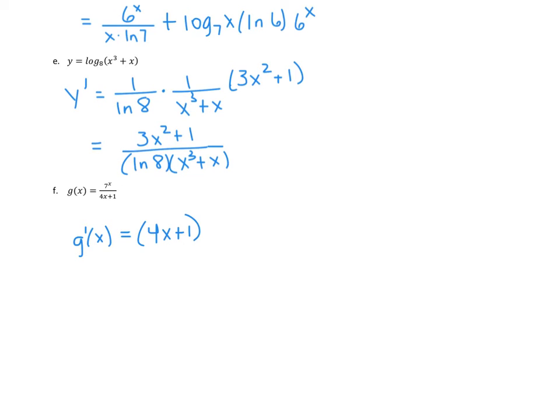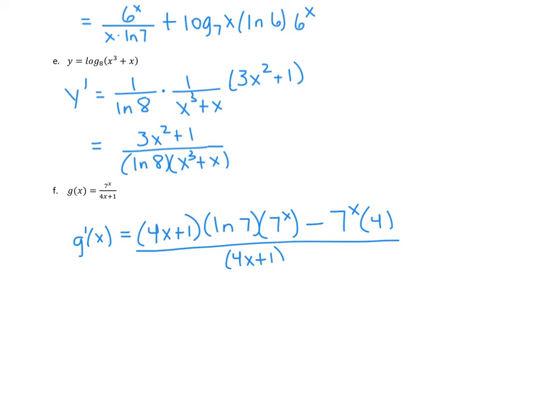So the derivative of 7 to the x is going to be natural log of 7 times 7 to the x, minus the numerator, which is 7 to the x, times the derivative of the denominator. The derivative of 4x plus 1 is 4. And this is divided by the denominator squared. So 4x plus 1 squared.